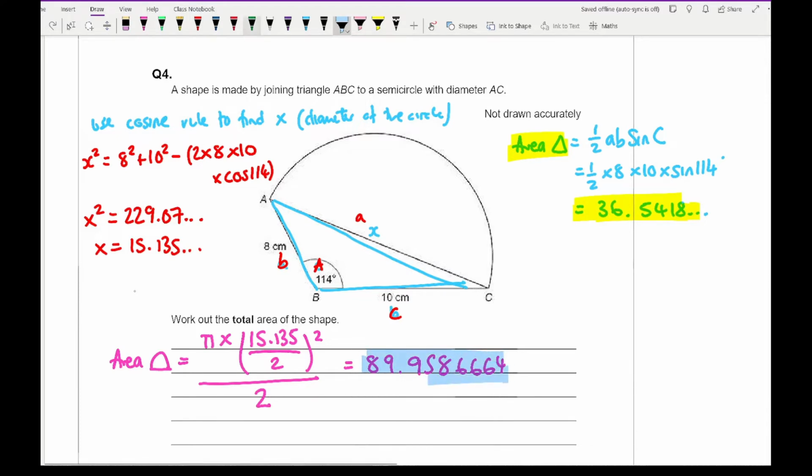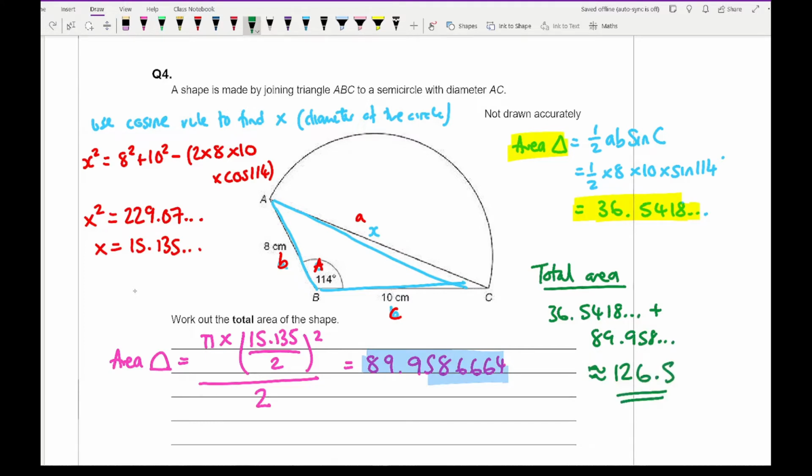So now the total area is going to be 36.5418, whatever you've rounded that to, plus 89.958, whatever you've rounded that to, which should give you an answer of roughly 126.5.